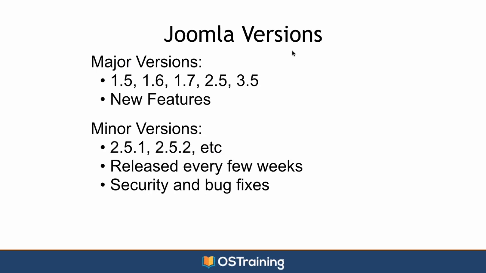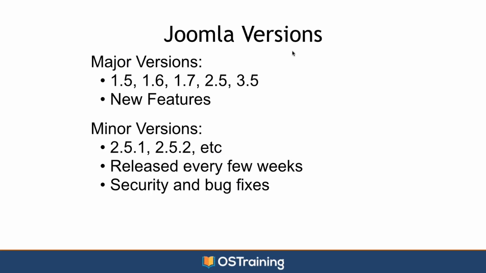Joomla versions 1.6 and 1.7 were intermediate steps. And then after 2.5 came out, we went to a versioning control of minor versions 2.5.1, 2.5.2, etc., supposedly released every few weeks. We've seen that that's not quite accurate either.